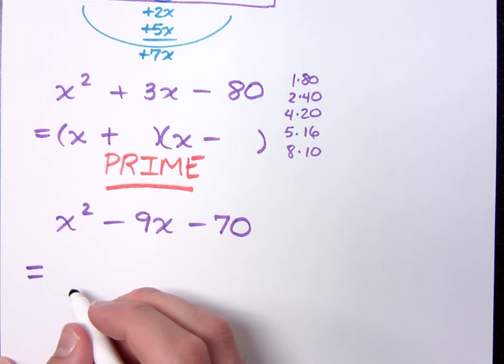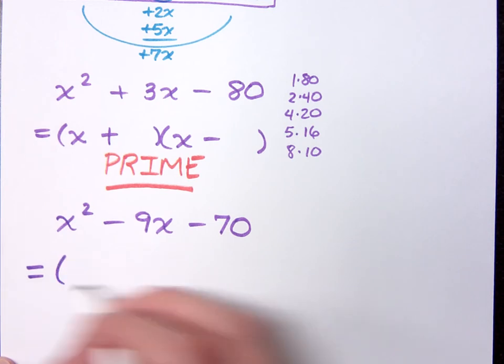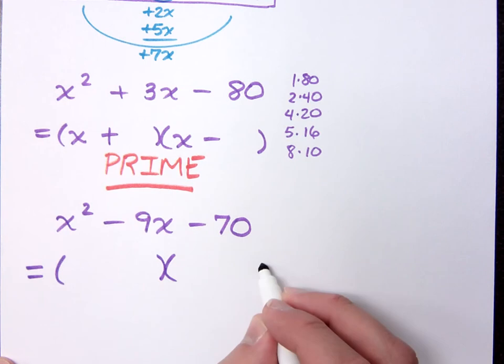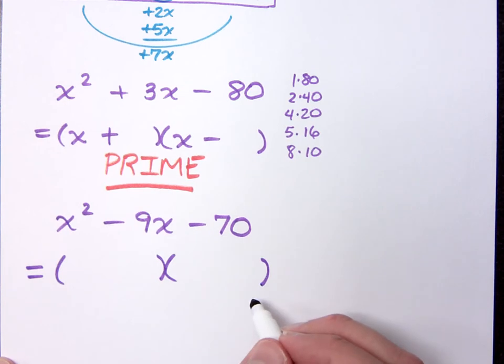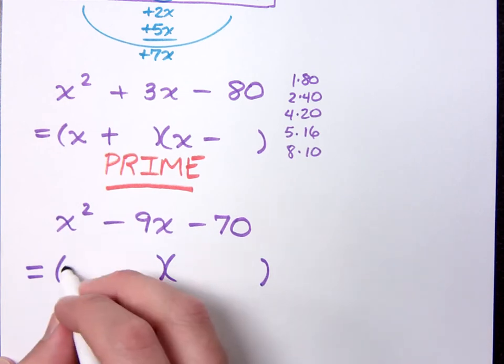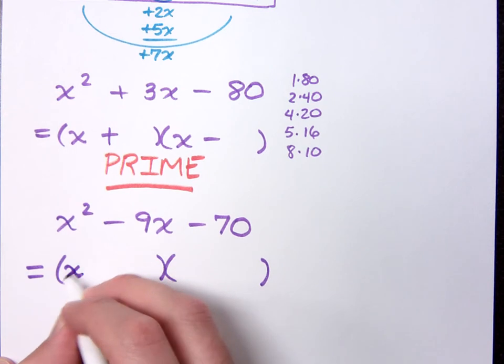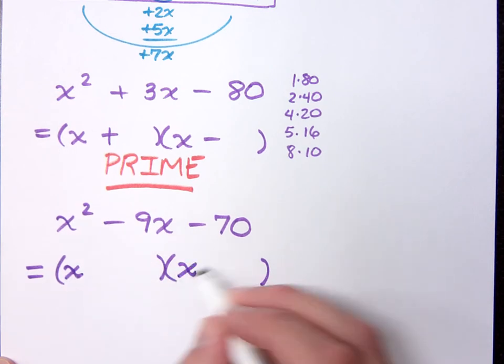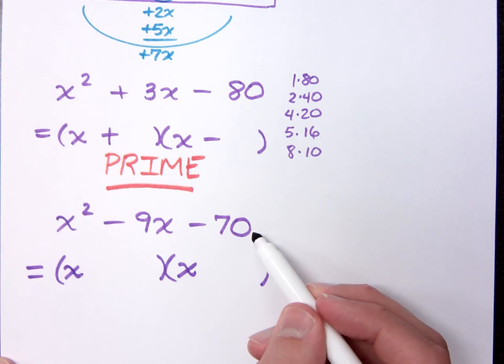No. It's a normal trinomial, so we expect this to look a certain way when I break this down. I expect x squared to break down how? x times x. What do you know about your signs? Because you have to multiply to get a negative 70.